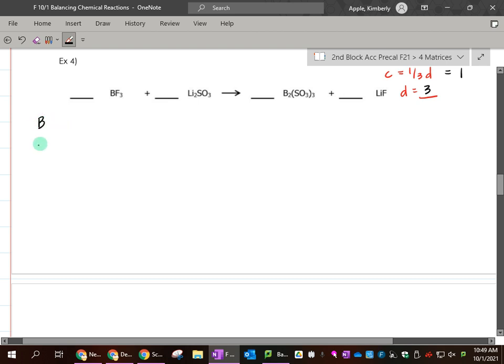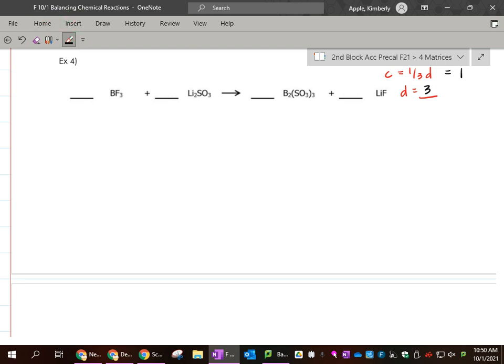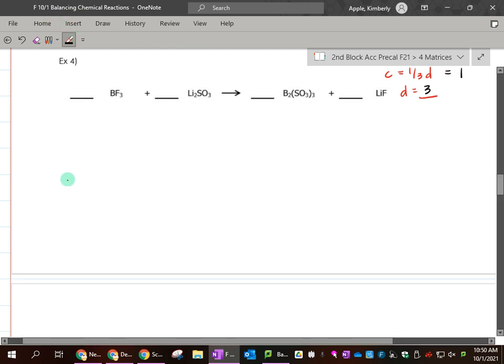This will be boron, chlorine, lithium, sulfur, oxygen. I know y'all can count. So what you should end up with here, your last row.